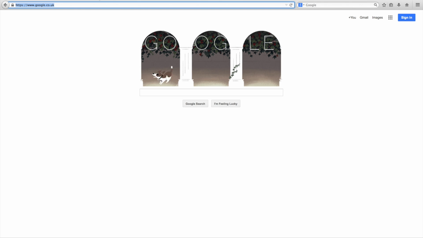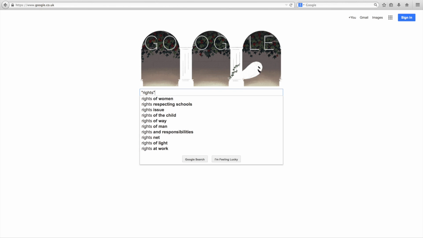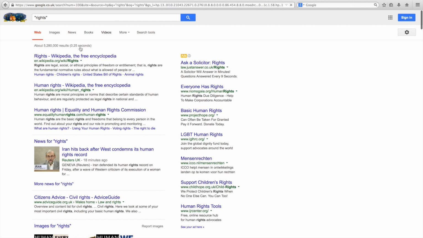Thirdly, you can look at the content, the occurrence of specific terms or names in the results. For example, you can query the term rights in a local domain Google, in this case google.co.uk, and start reading the results and filtering out the top 10 human rights per local domain Google.